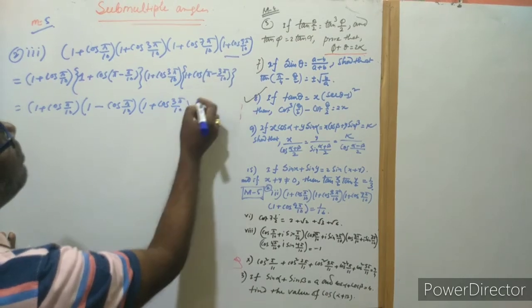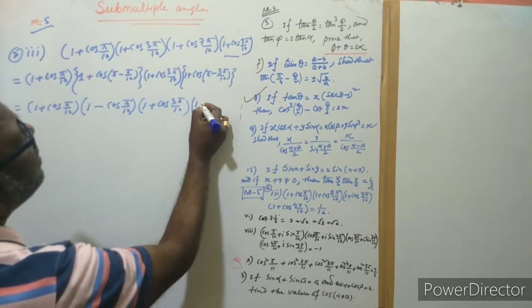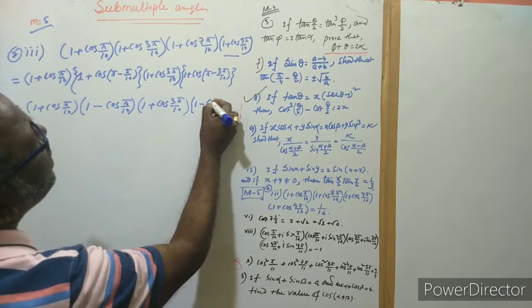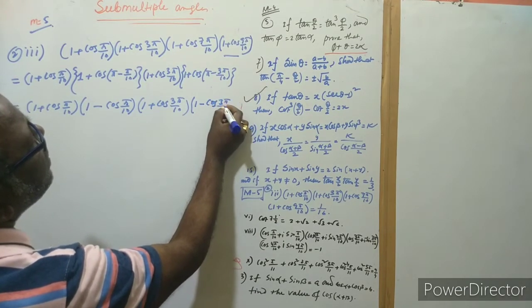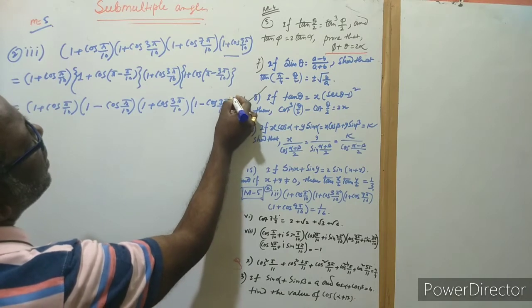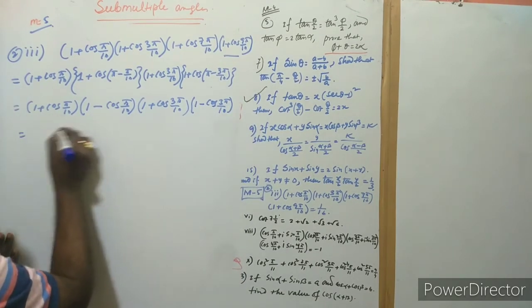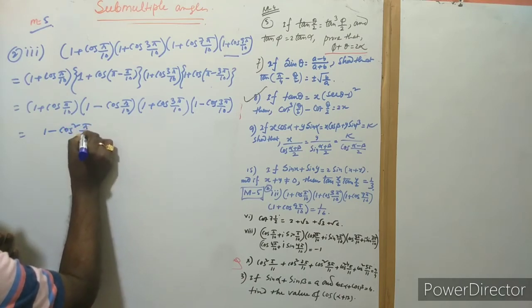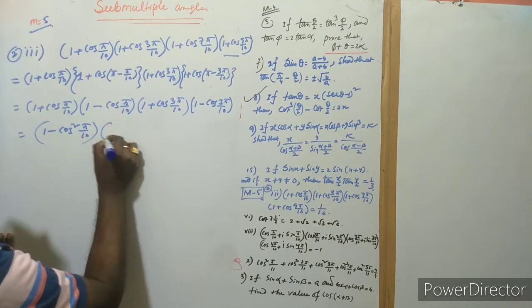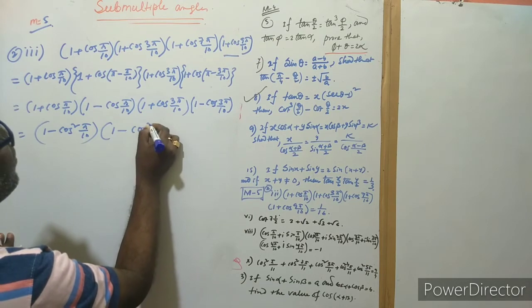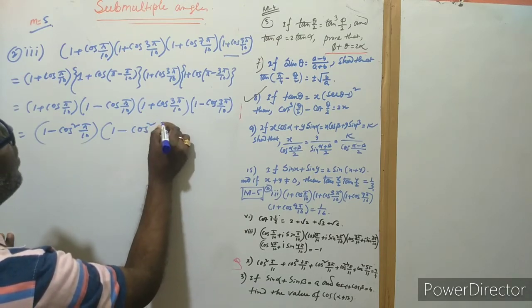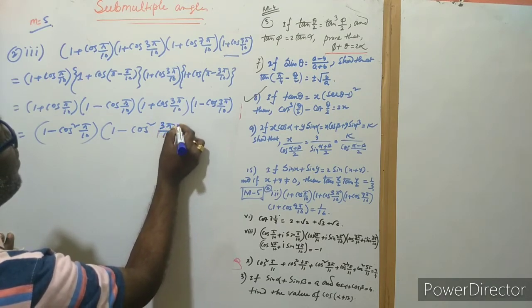This is cos of (pi minus theta), which lies in the second quadrant where cos is negative, so minus. So this is 1 minus cos square pi by 10, and also 1 minus cos square 3 pi by 10.